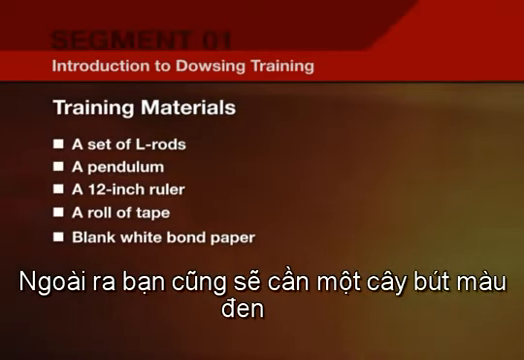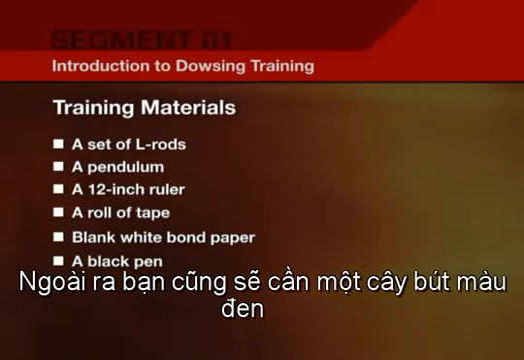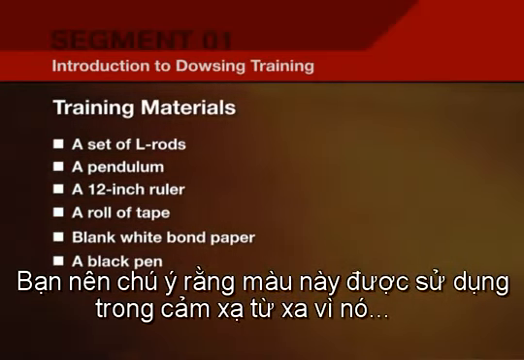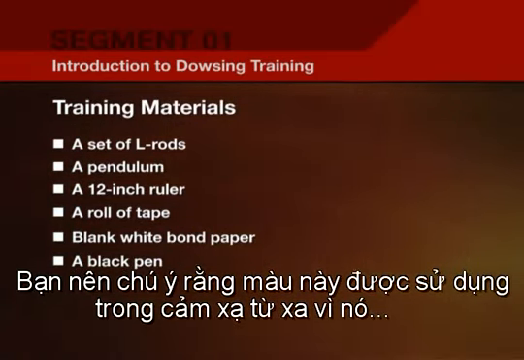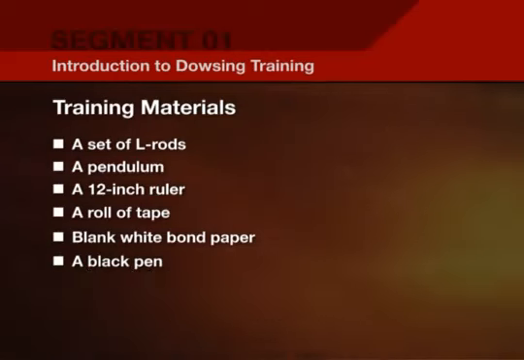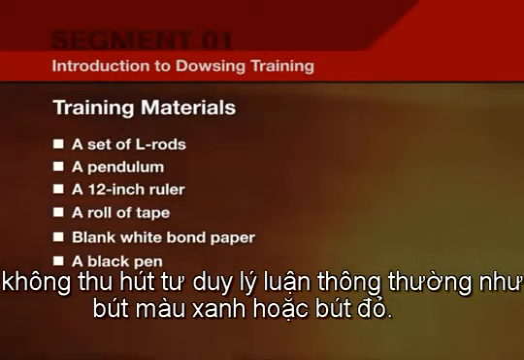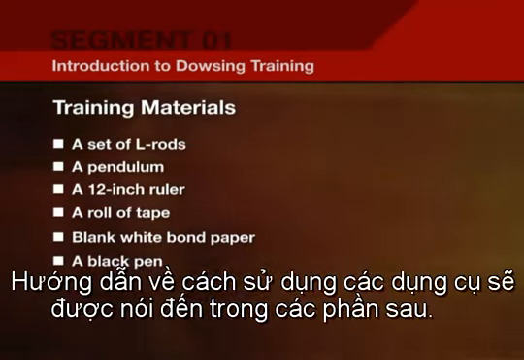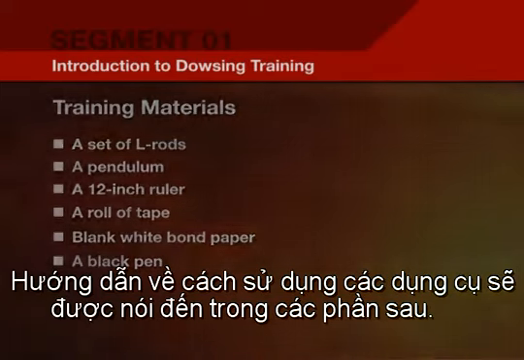And finally, a black ink pen. Please note that black is traditionally used in dowsing and remote viewing sessions because it is less distracting to the analytical mind than other colors, such as blue or red. Information on how and when you will use these tools and materials will be provided in later segments.